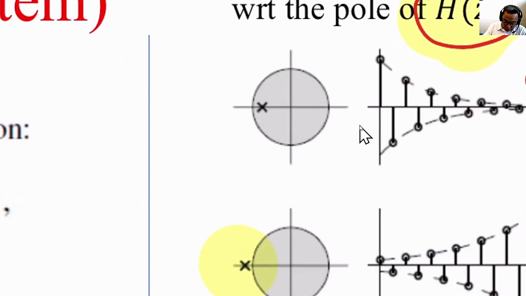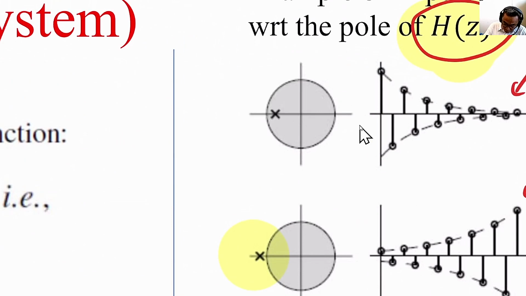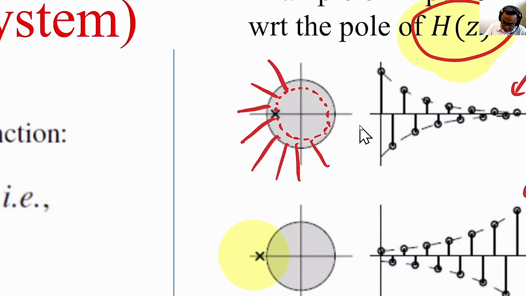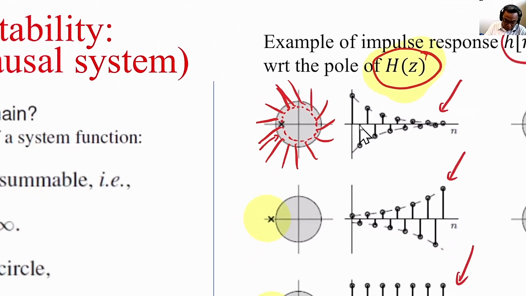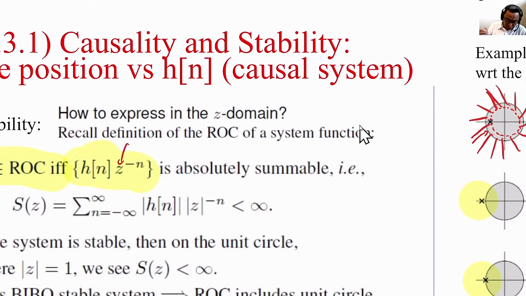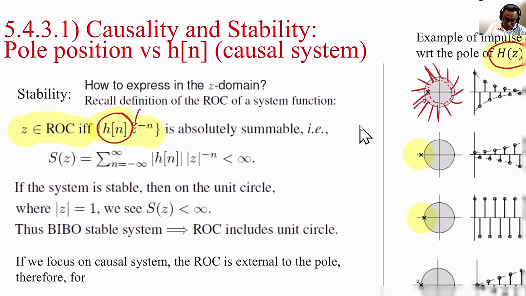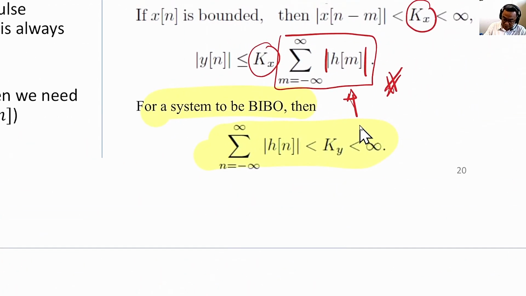So for example, if we have a pole here, we should be drawing this diagram here and say that if this is a causal sequence, anything outside this radius is the region of convergence. And once it includes the unit circle, what it means is that z is equal to 1. Therefore, h of n is absolutely summable. That is the key idea why we are interested in the unit circle being in the region of convergence or not, because this is equivalent to exactly this equation here.